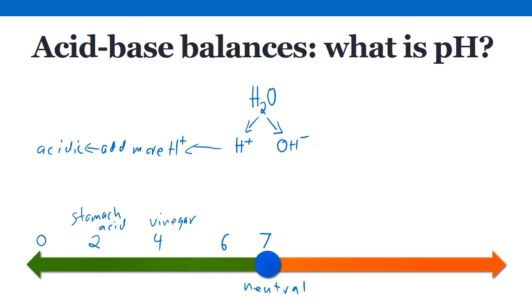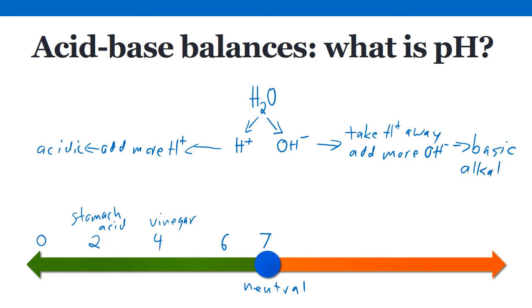On the other hand, there are things that can take H plus away from water, or they can add more OH minus. These are going to make your solution more basic or more alkaline.